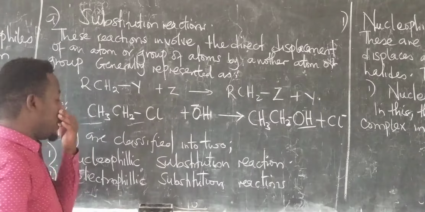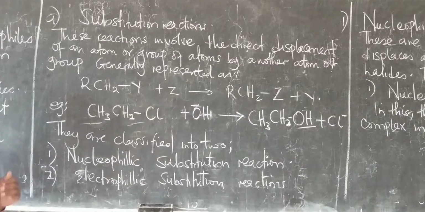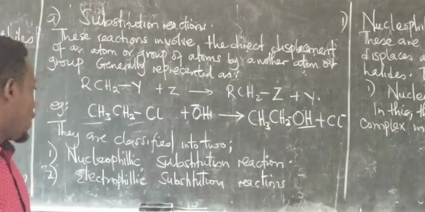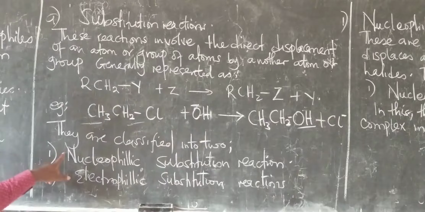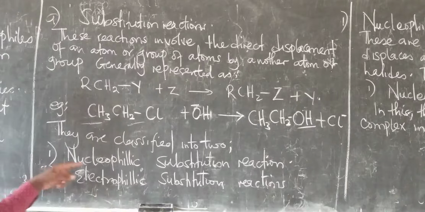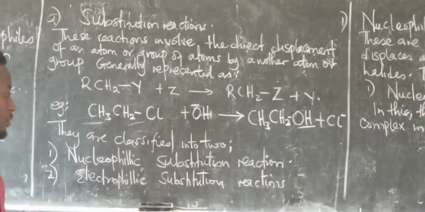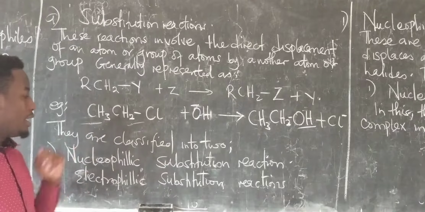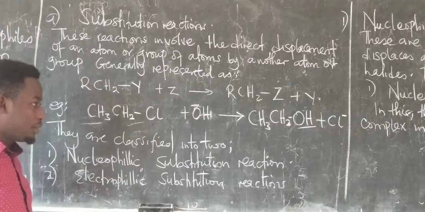And we said even these substitution reactions are classified into two. The first one we are calling nucleophilic substitution reaction. The second one is called electrophilic substitution reaction. Are you following?